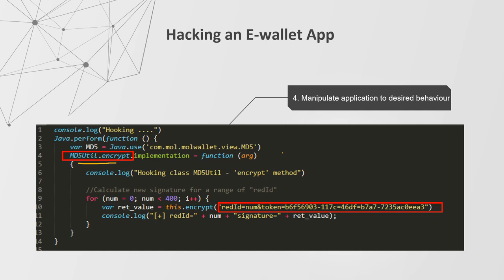And each time that the method is called, we want to run through a range of red ID values, in this case values from 0 to 400, together with the user's token, and then pass it back into the same function again, which is encrypt. And then finally, print out the corresponding signature onto the screen.